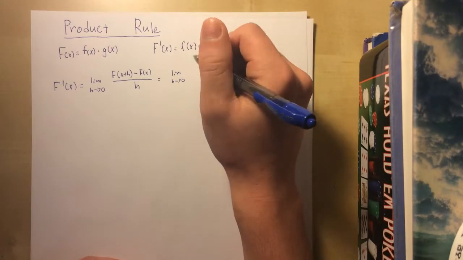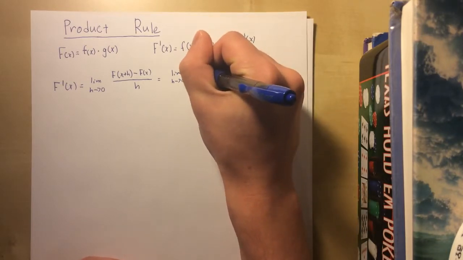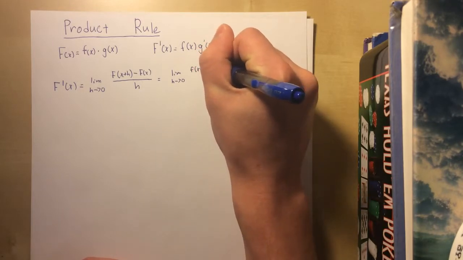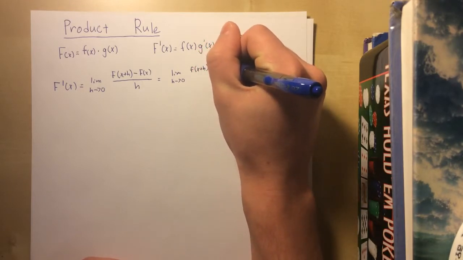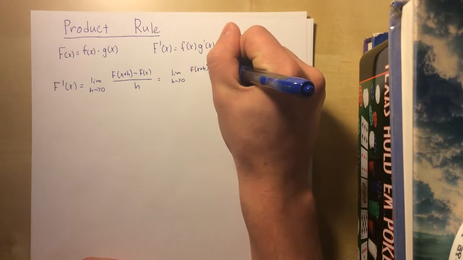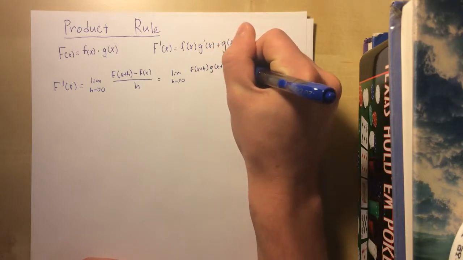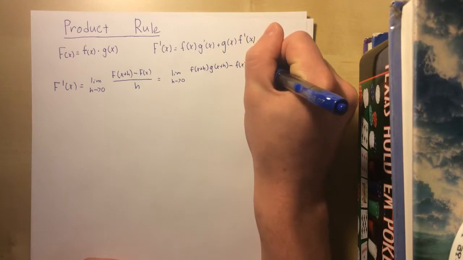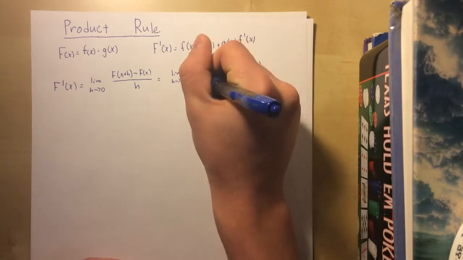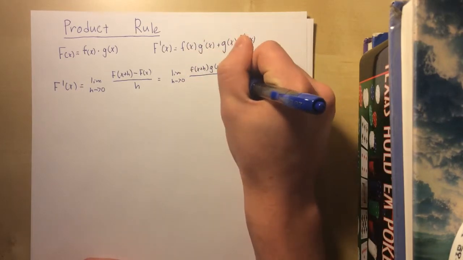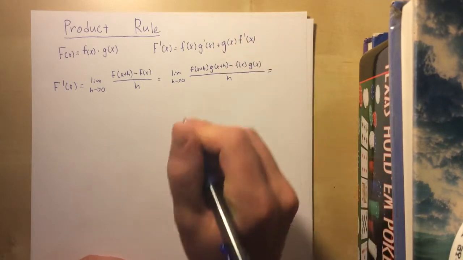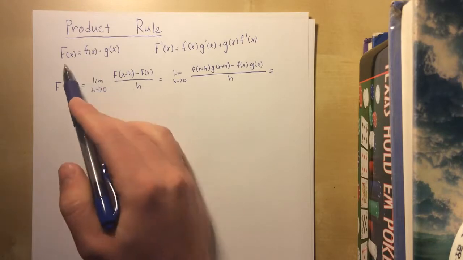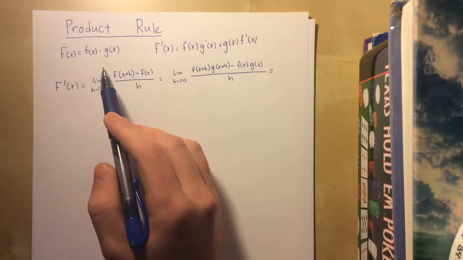So the limit as h approaches 0 of f of x plus h times g of x plus h minus f of x times g of x, all that over h.